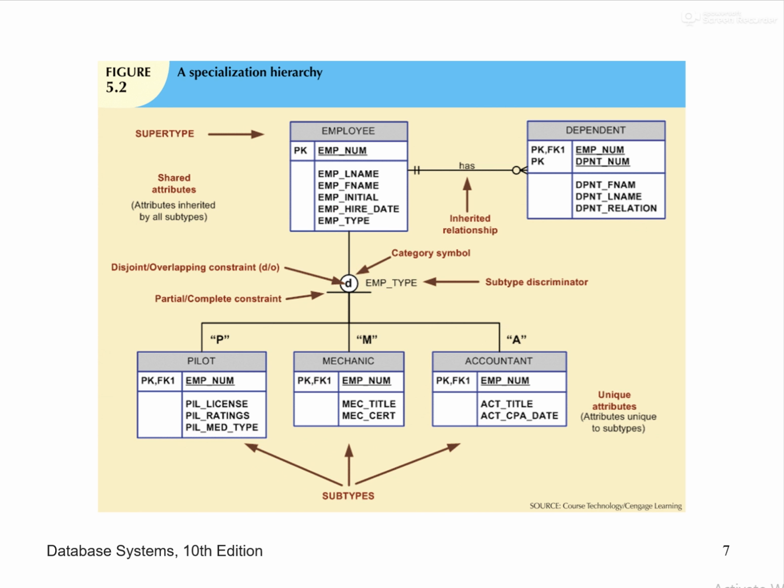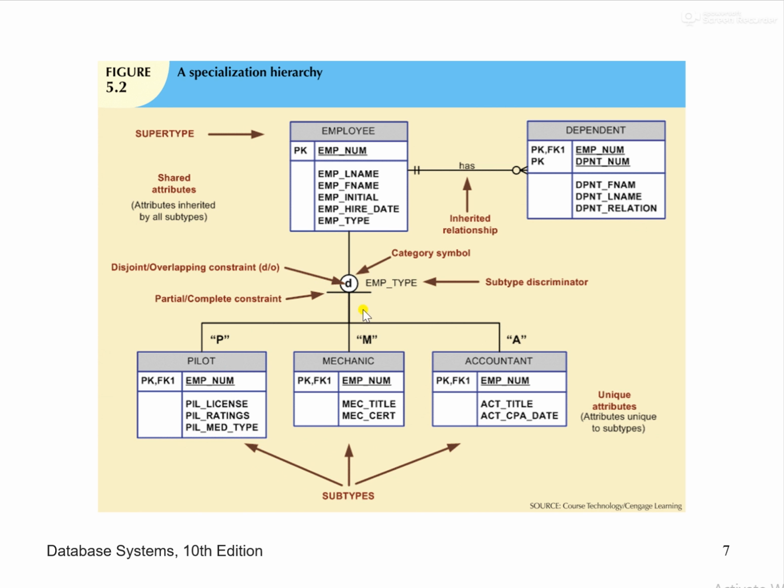Okay, another thing that is important to note down is that a subtype exists only within the context of a supertype. Like if the supertype does not exist, if employee does not exist, then this subtype pilot will also not exist. So a subtype exists only within the context of a supertype, and every subtype has only one supertype to which it is directly related.